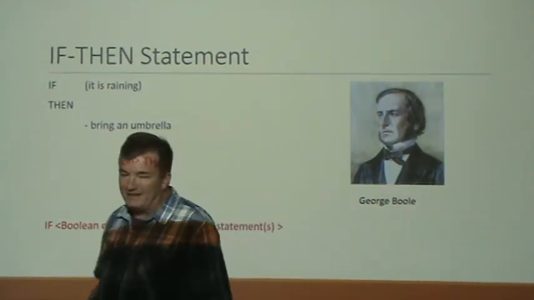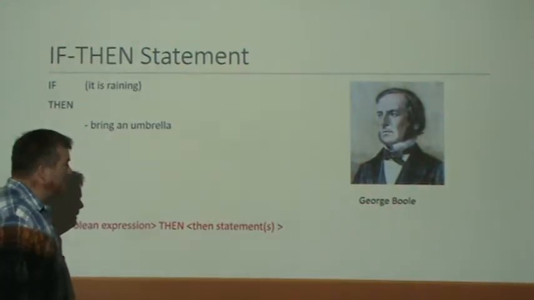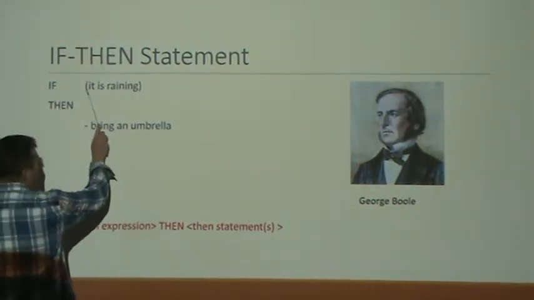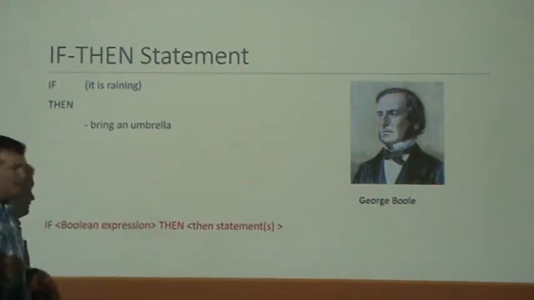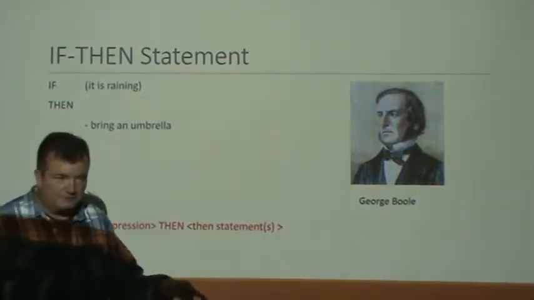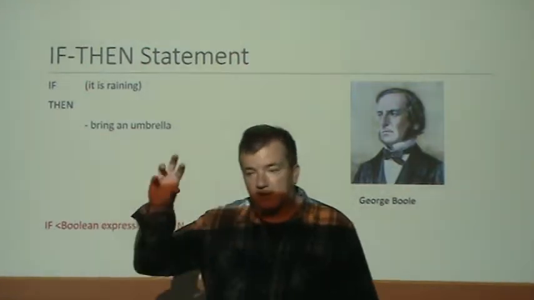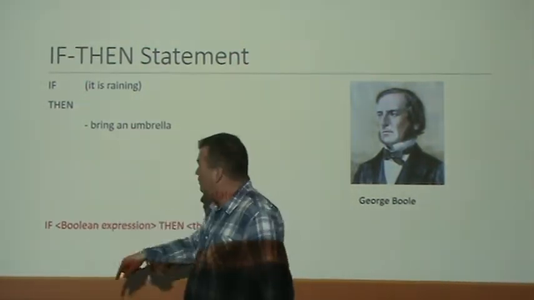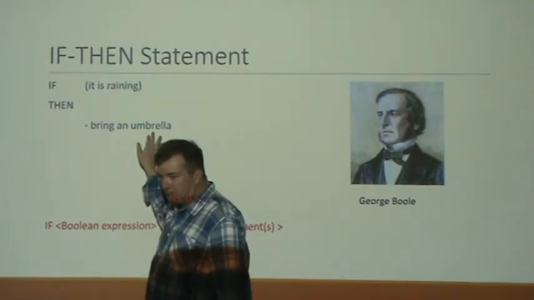So the way that an if-then statement works is we're going to say if followed by some condition that is either true or false. And if the condition is true, then we will run a certain line of code.